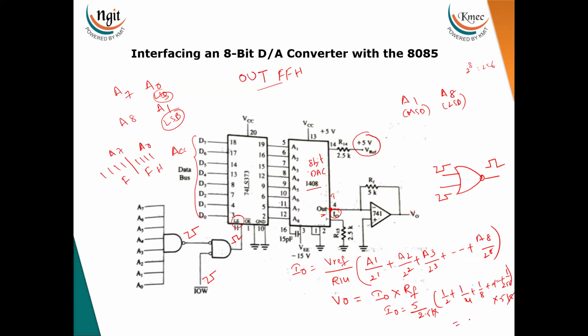If you calculate this value, you will get 9.961 volt. This is the voltage for all ones. Like that, depending upon the combination, it will generate the current, and after the operational amplifier, we can get the analog output voltage. This is about interfacing the DAC IC with the 8085.